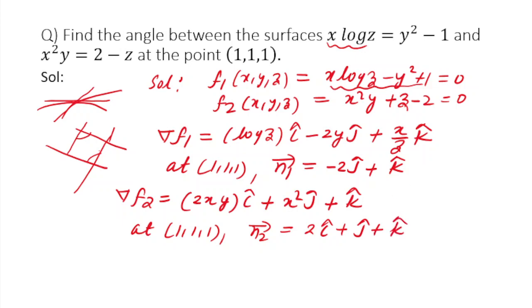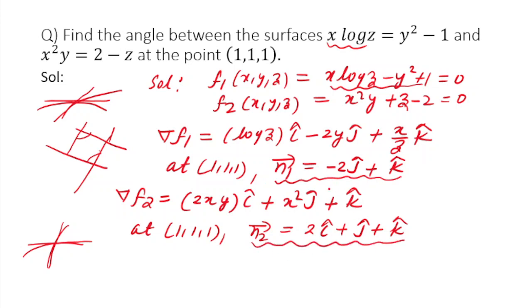This is what we have got, n1 vector and n2 vector. Now the concept is that these two are the normal vectors and we have to find the angle between two surfaces. How do you find the angle between two surfaces? You find the angle between the tangents to the surfaces, and the angle between the tangents is also equal to the angle between the normals. So here, instead of finding the angle between the tangents, I am going to find the angle between the normals.